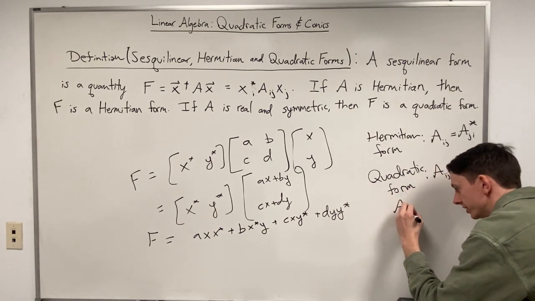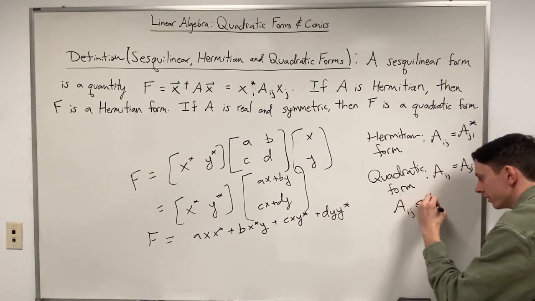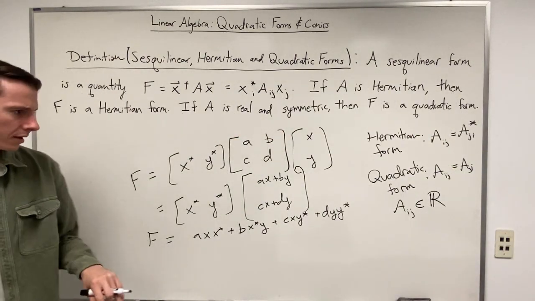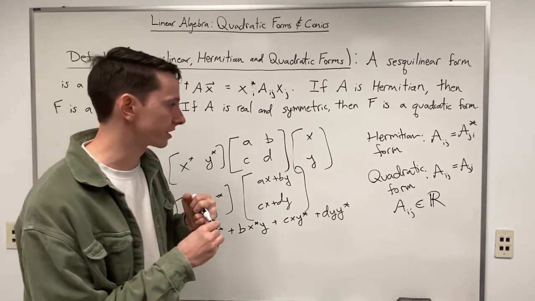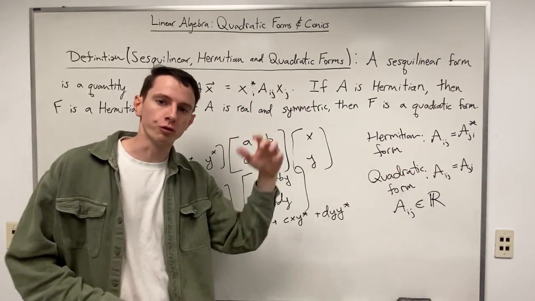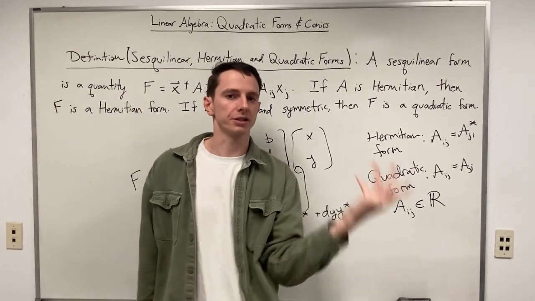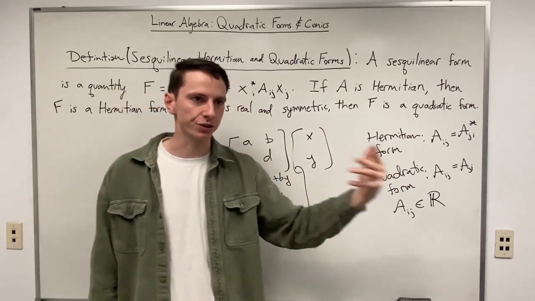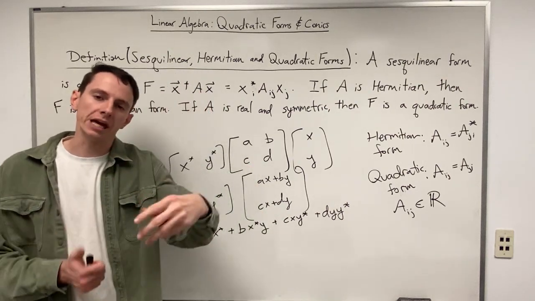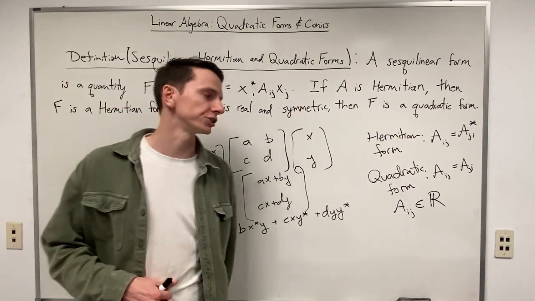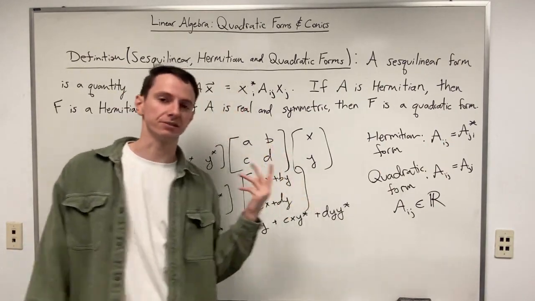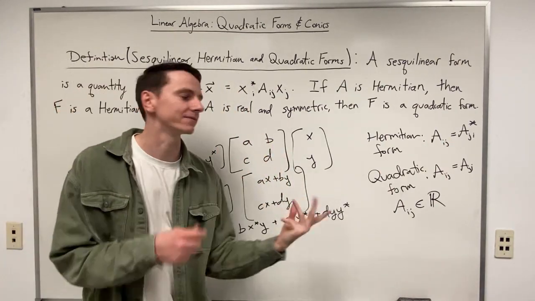That means that we also need to have that Aij is an element of the set R. And while this might seem like a different condition than what we have right here, we know that real numbers, when we take their complex conjugate, that doesn't change their intrinsic value. A real number is just a number of the form a plus 0 times an imaginary component. So whether we're adding 0 times i or subtracting 0 times i, we are not changing its value.